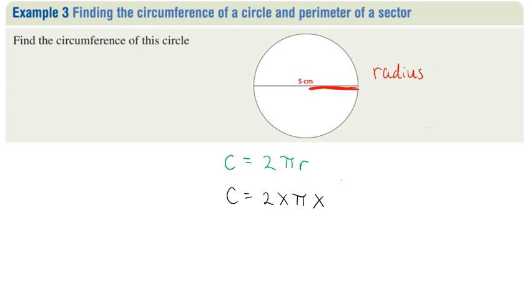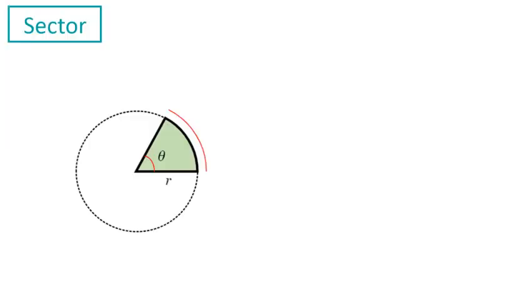So radius is going to be 5 divided by 2, which equals 2.5. I put that into my formula, pop it in the calculator, and the circumference equals 15.71.